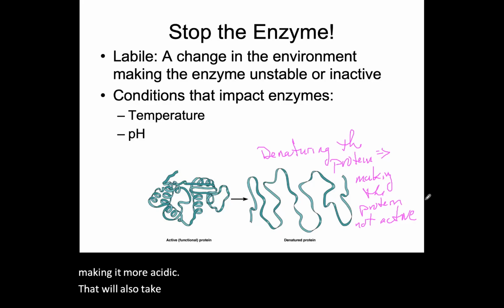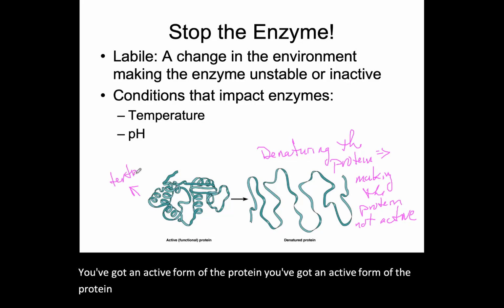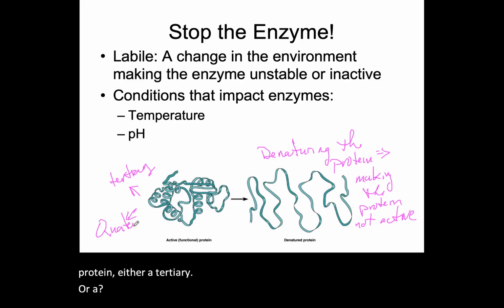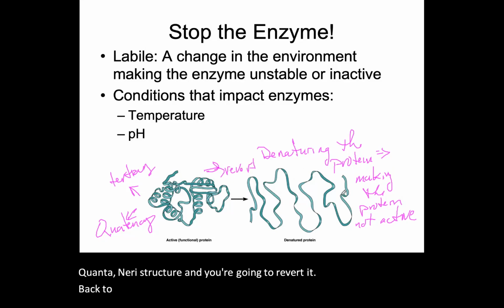Again, you've got an active form of the protein, either a tertiary or a quaternary structure, and you're going to revert it back to a non-active state, which is generally a secondary or primary structure.